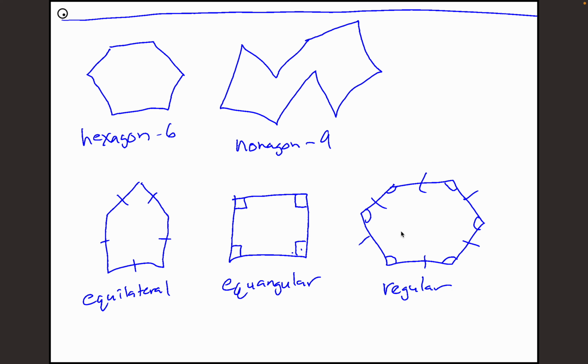Okay, so it's a regular polygon if all the sides and all the angles are congruent. So eventually when we start solving for the interior angles of polygons, it'll be important to know what a regular means. But that just means they're all congruent. Okay? There's just 2 other words we're learning. And then that's it.